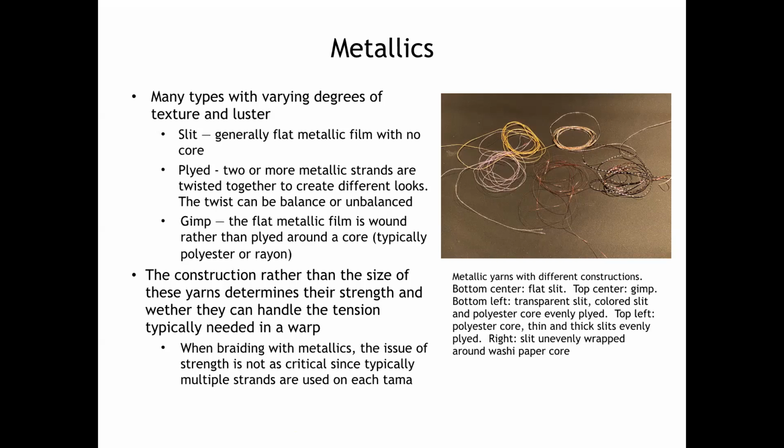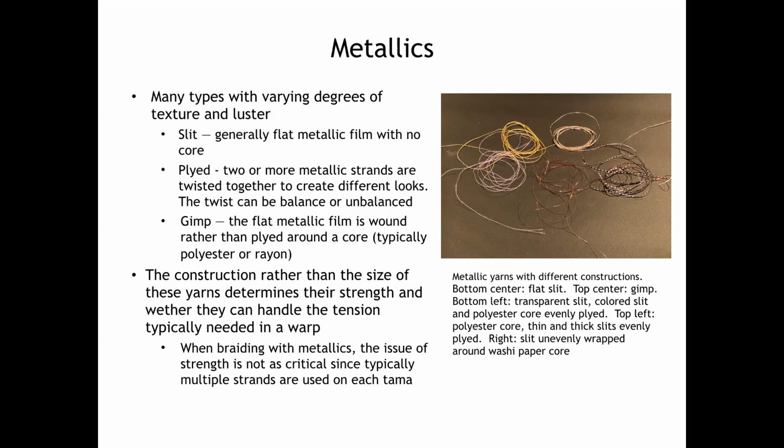Then you have a class of yarns called GIMP. Instead of applying the metallic film, it is wound around the core. And the core could be visible or not visible. So at the bottom example there that you see that looks kind of spotty, it is a metallic film wound around washi paper.